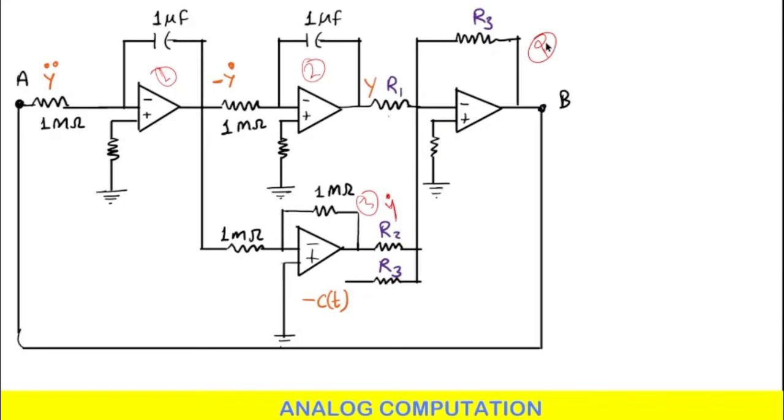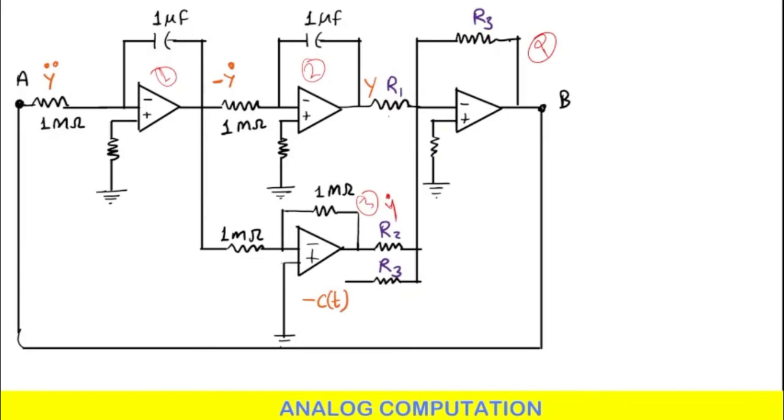So the fourth unit is provided with three inputs, that is y, y dot, and minus of ct. The fourth unit is an inverting summing amplifier, so it will sum these three, and there will also be a scaling factor, that is the gain of the inverting amplifier.